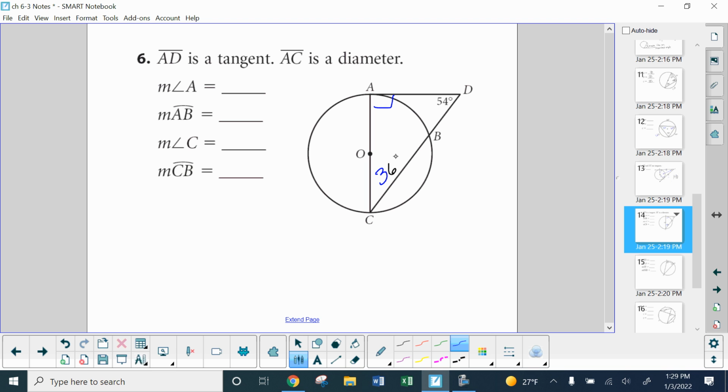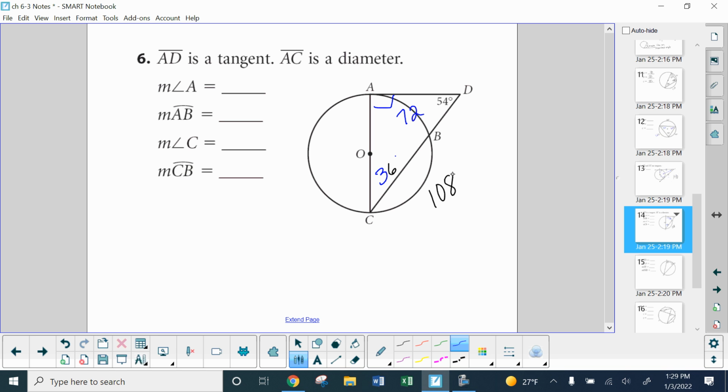Now if angle C is 36, I can find its intercepted arc. Here, AB has to be twice that, or 72. I also see, since AC is a diameter, I have a semicircle. If AB is 72, that makes CB 108.